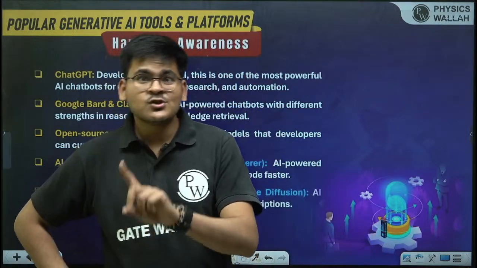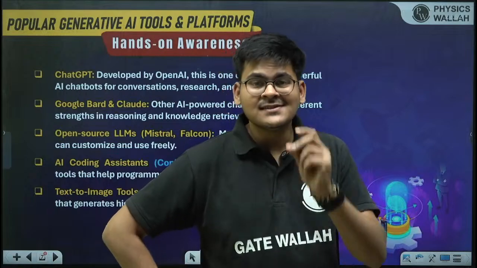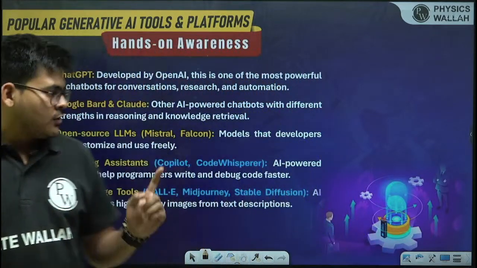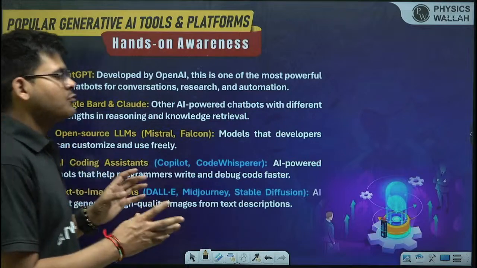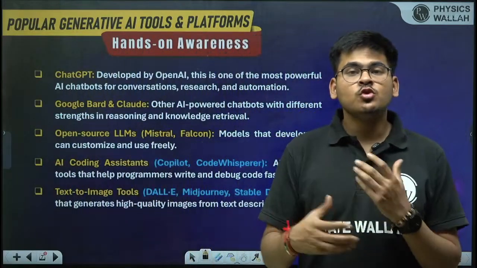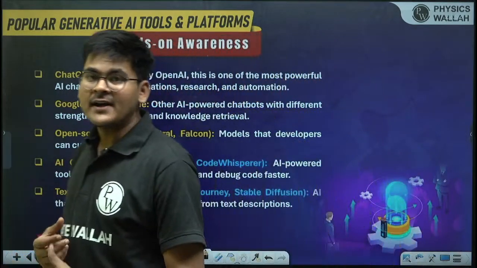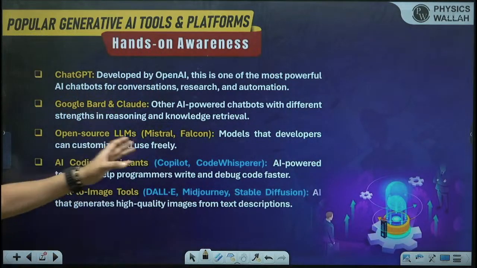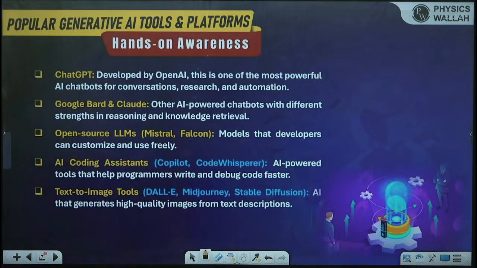No, right? Because it is not open source. It is in the hand of Google. Open source LLMs means those LLMs which you can modify. You can change the code, the internal working of it. So Mistral and Falcon are those AIs.